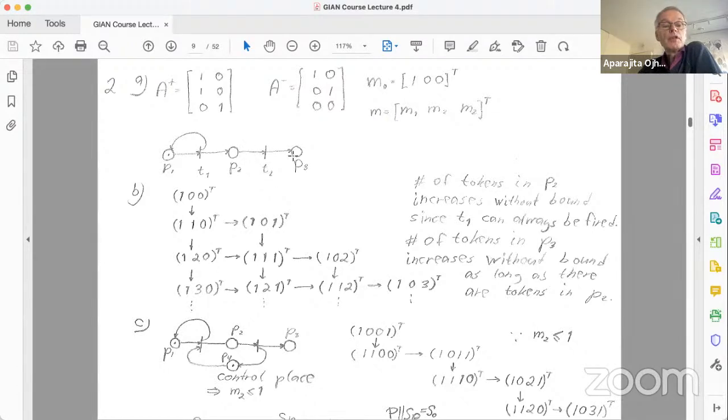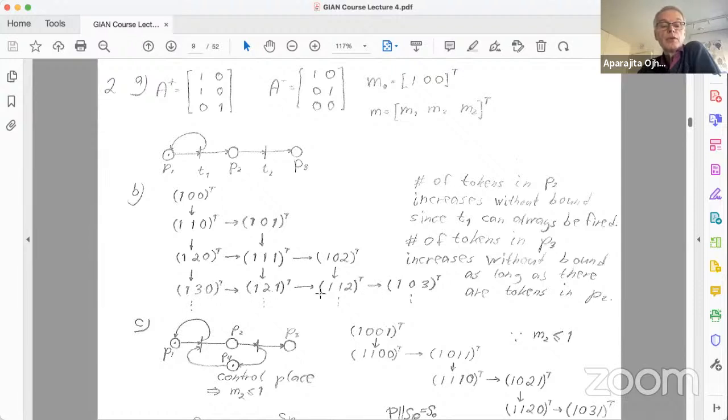Then with the second transition, we can go in the right direction. And then you see that by the second transition, you just move the tokens from the second to the third place. So for instance, in this case, when you had 3 tokens in the second place, by repeating the second transition, you take away from the second and move to the third place.